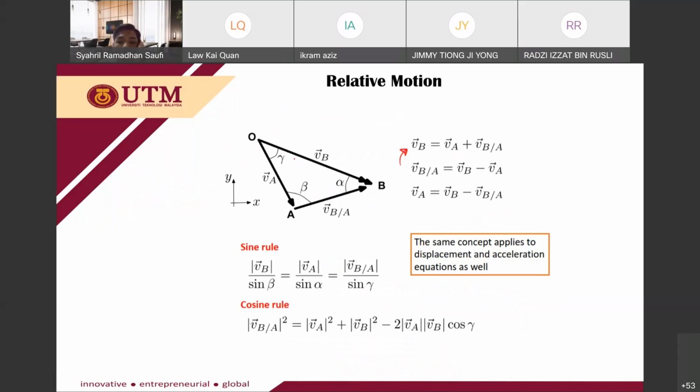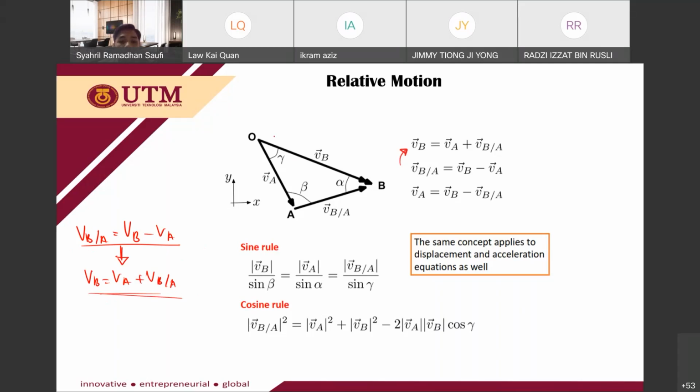Like I mentioned, if you have the velocity of B relative to A, in order to remember the equation, I will use vB minus vA. In the analysis, I will rearrange the equation into positive form, so I get vB is equal to vA plus vB relative to A. Why is it important?